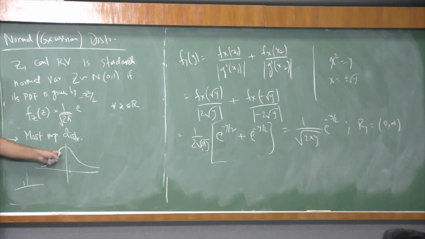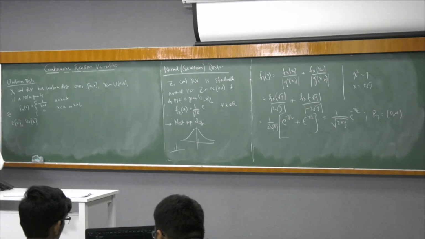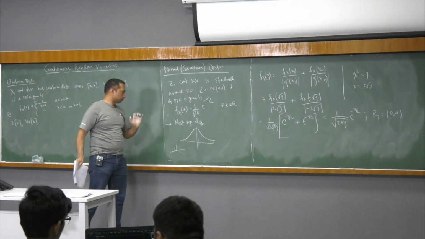So as the data keeps getting larger and larger, it will approximate the bell curve. You can take any kind of data; the moment you start increasing it, it will start becoming like a bell curve.